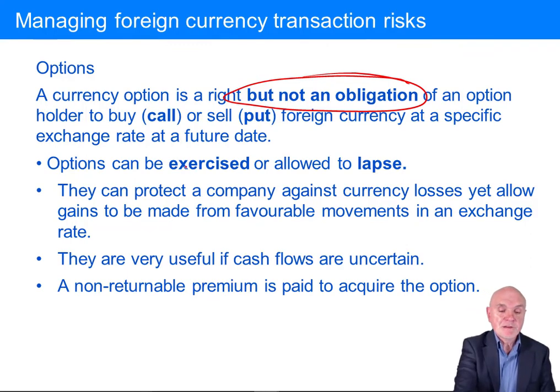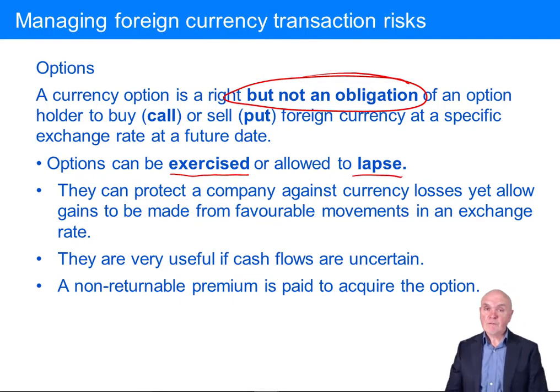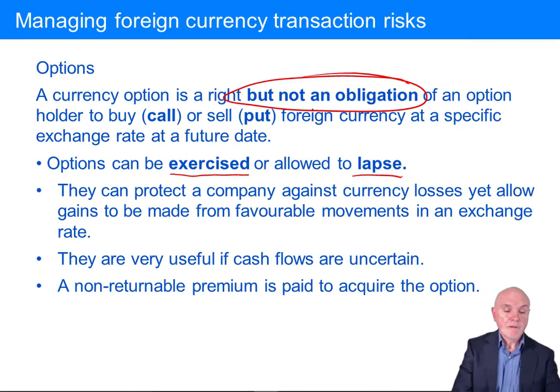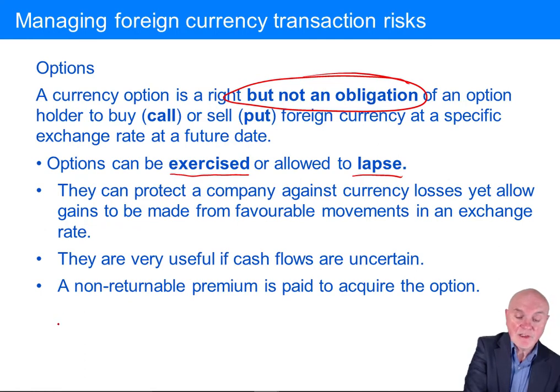And the great thing about options is you can either insist on exercising them, or you can allow them to lapse. Okay, so let's say we're going to be receiving $12,000 in 3 months, so it's going to be a receipt.